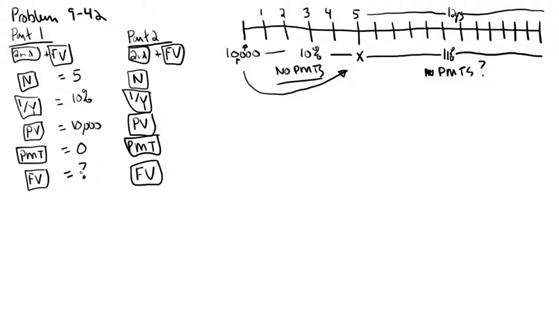I will clear our time value of money buttons by pushing second and the future value button. And now I'll type 5 and N, and that will program 5 into that key. And then 10 and IY, and 10,000, PV, 0 for payments.